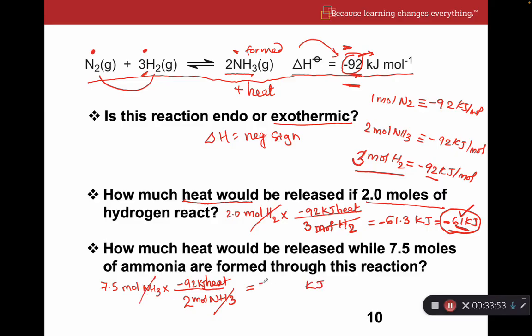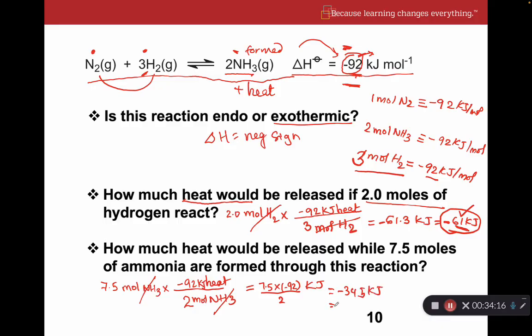The answer is 7.5 times negative 92 divided by 2. So let me do this. 7.5 times 92, divide that by 2, gives me 345. So it gives me negative 345 kilojoule.